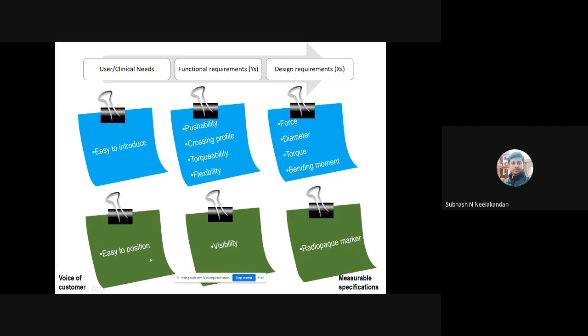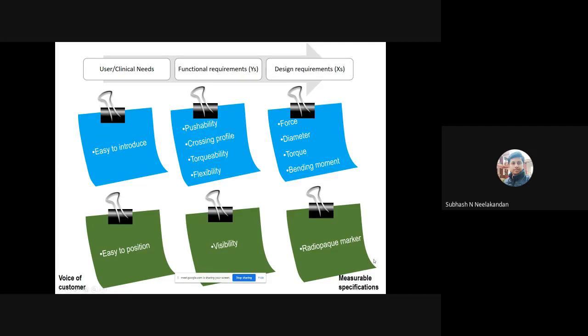If we look at the left hand side, easy to introduce and easy to position are not measurable. Whereas on the right hand side, the design requirements for access are all terms which are critical, measurable, and we can put numbers to them. So the first step is to identify the requirements and convert them into numbers.